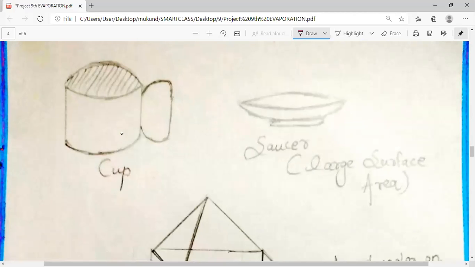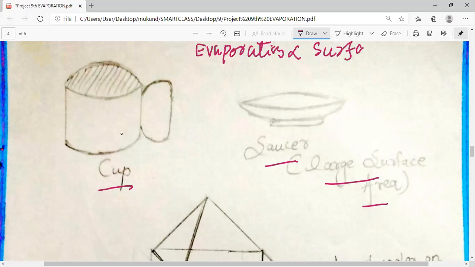Now, my dear students, on your screen you can see one cup and another is a saucer. Under the saucer it is written large surface area. We know that evaporation is directly proportional to the surface area.